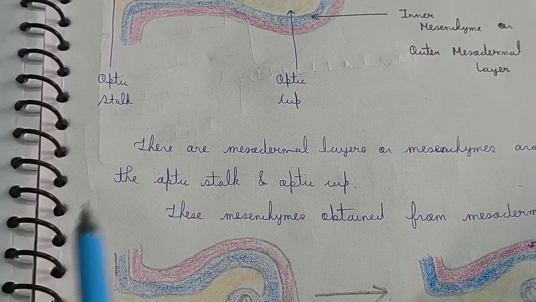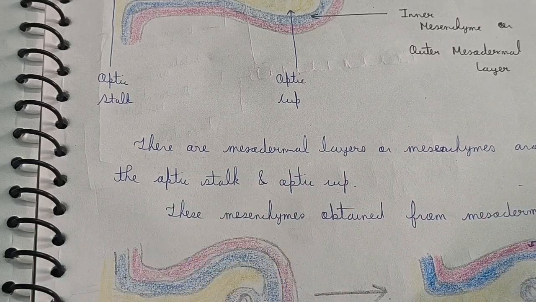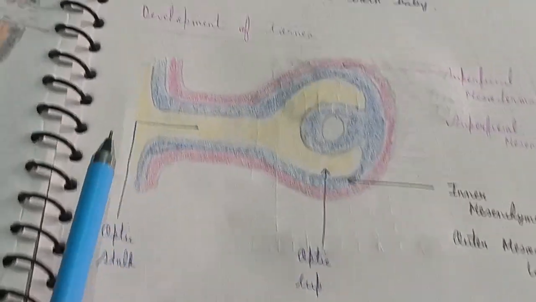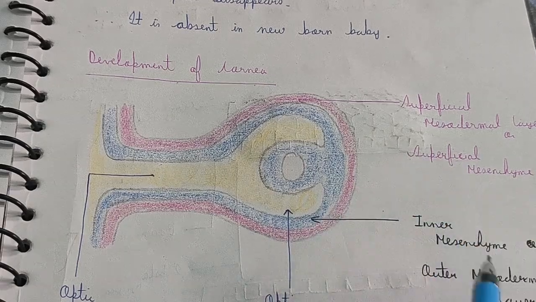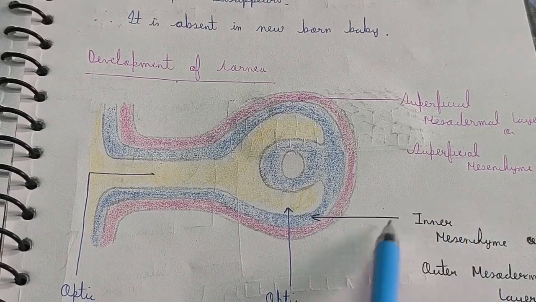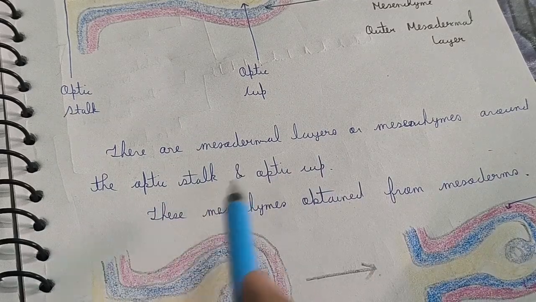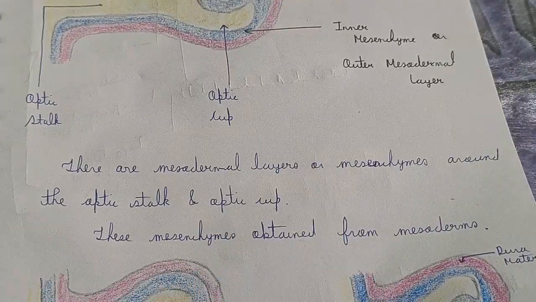Therefore I have written that there are mesodermal layers around the optic stalk and optic cup. These mesodermal layers later form mesenchyme, so I have also written superficial mesenchyme and inner mesenchyme. These mesenchymes around the optic stalk and optic cup are obtained from mesoderm.